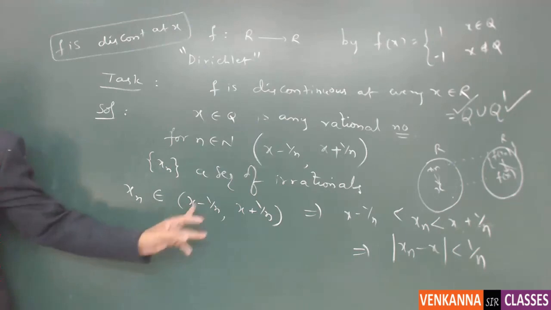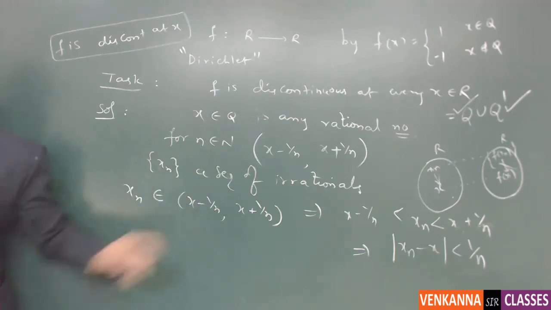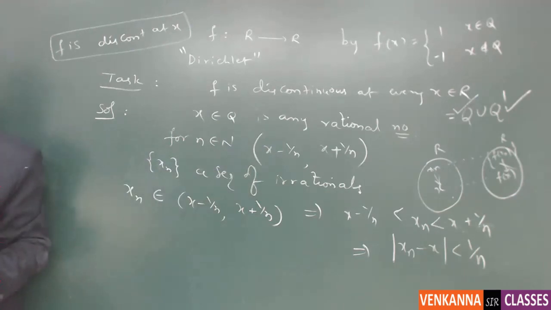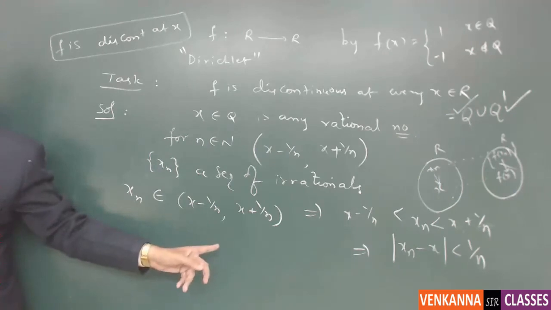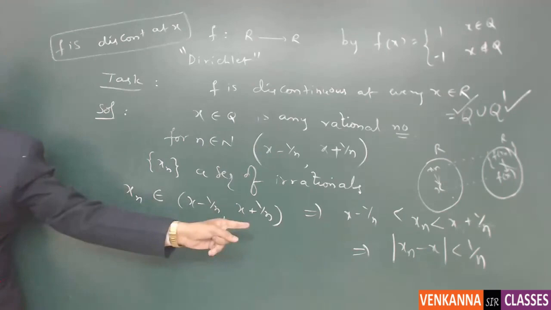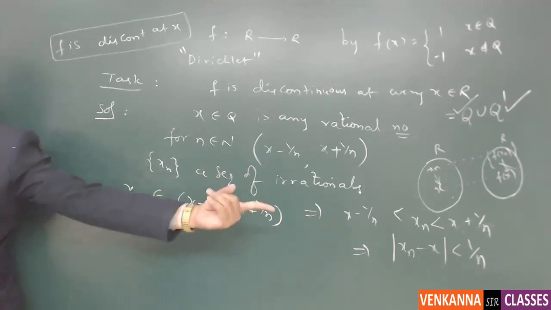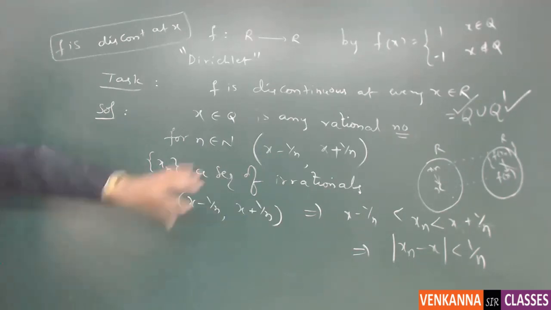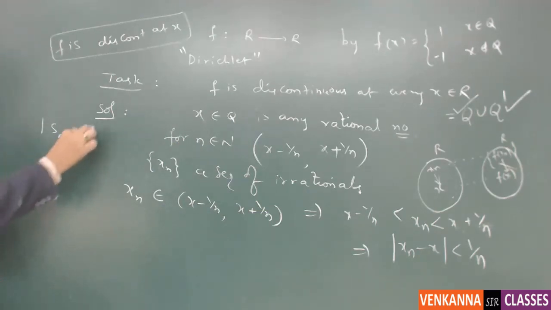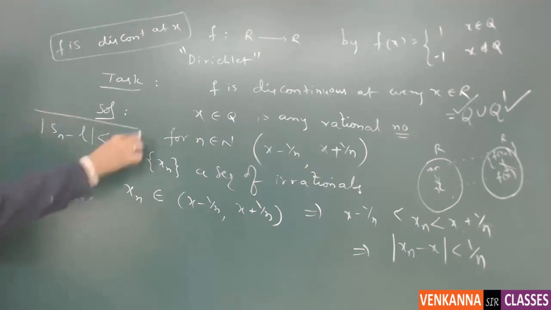You can find a set of irrationals belonging to this neighborhood. You can find so many. So if you have a sequence of irrationals, you are selecting here means the sequence of irrationals are lying between these two values. So if you calculate the distance, it is less than 1 by n. In other words, you can simply correlate with modulus of Sn minus L is less than epsilon.